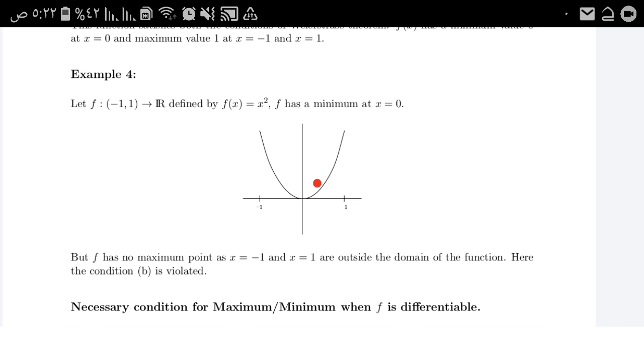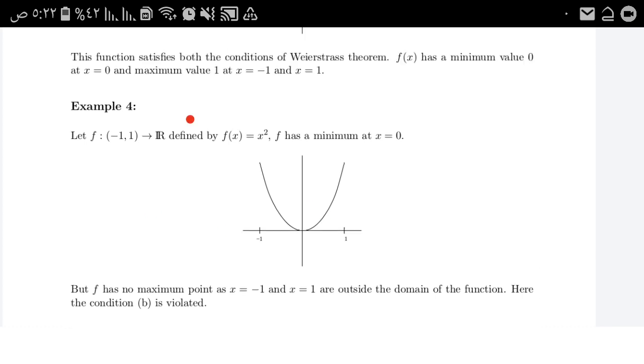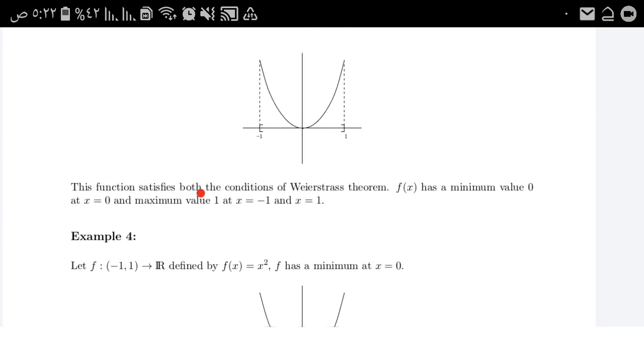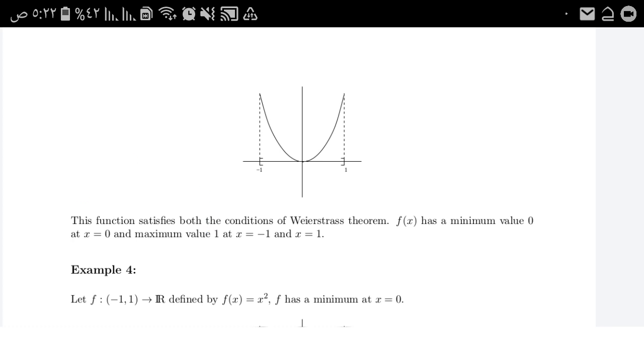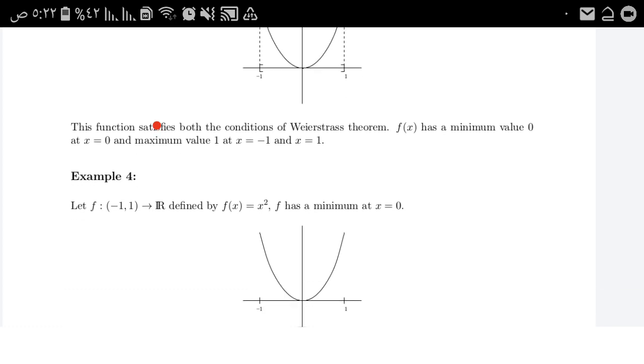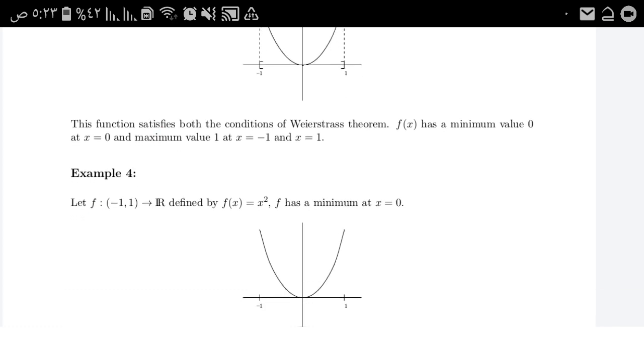Why? In example 3, the function f has maximum: these 2 points are maximum. But in example 4, the function f doesn't have maximum.